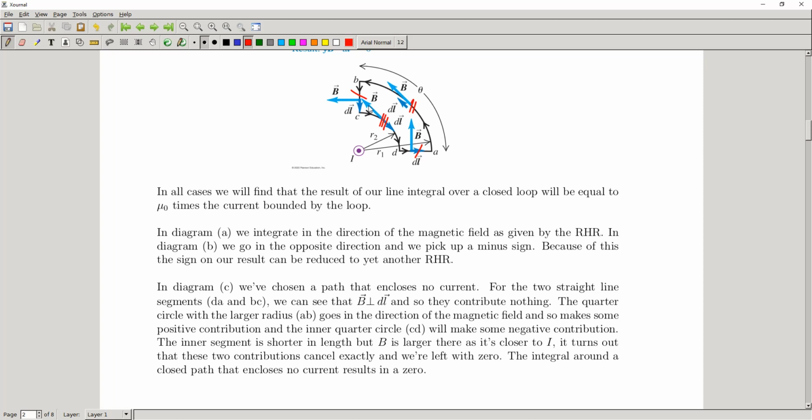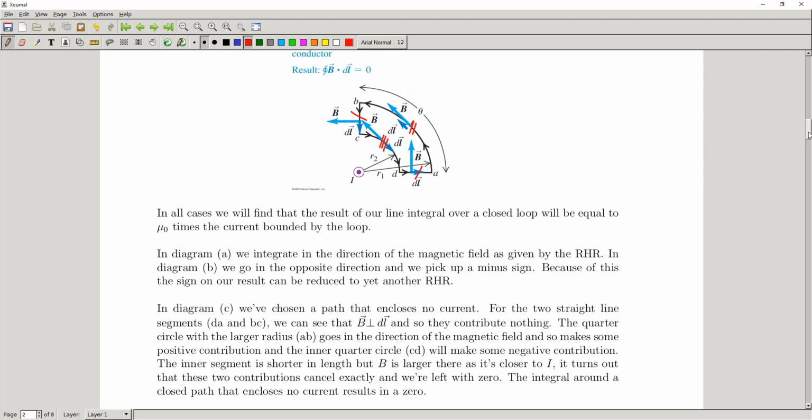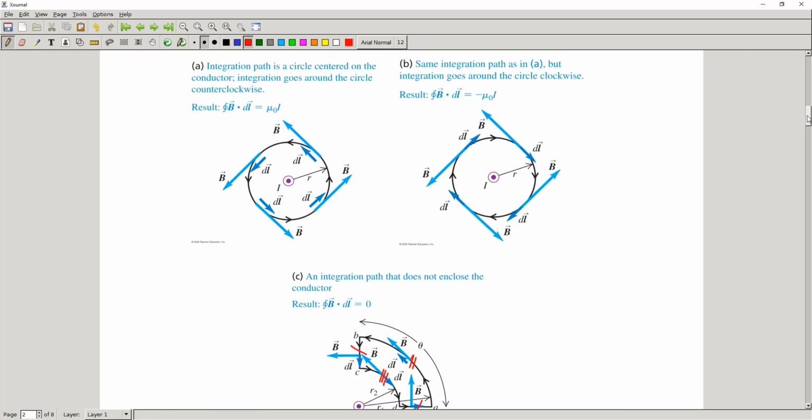And this is leading us one step closer to the full application of Ampere's law. What have we learned so far? Well, we've learned that if our closed path encloses a current, then our integral around the closed loop is going to be equal to mu naught I, or maybe negative mu naught I, depending on the direction that we choose.